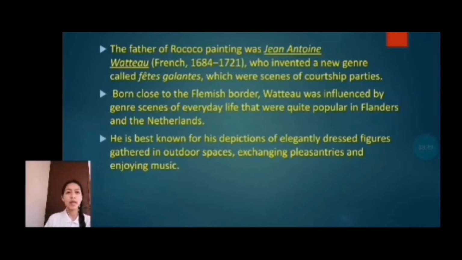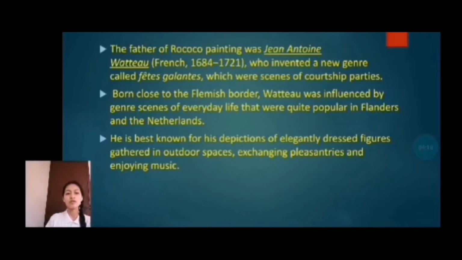The father of Rococo painting was Jean-Antoine Watteau, French, from 1684 to 1721, who invented a new genre called fêtes galantes, which were scenes of courtship parties.